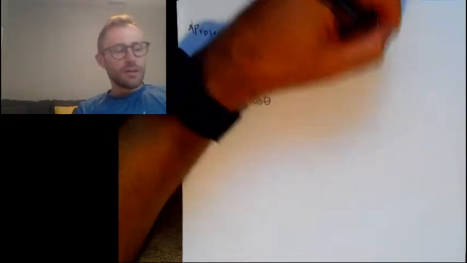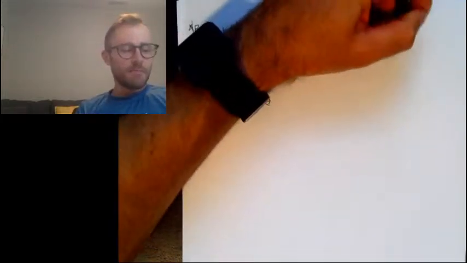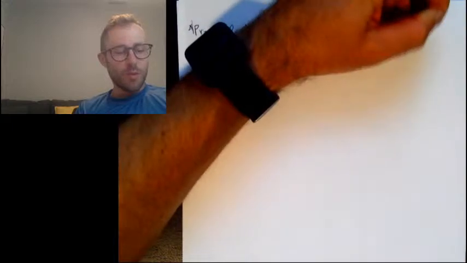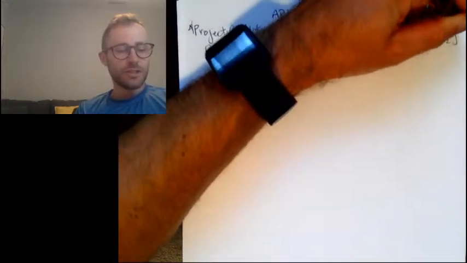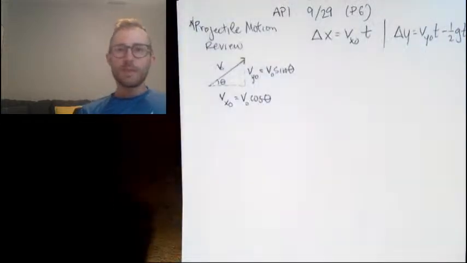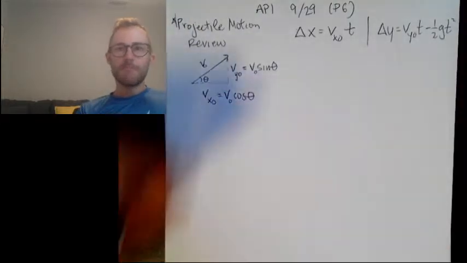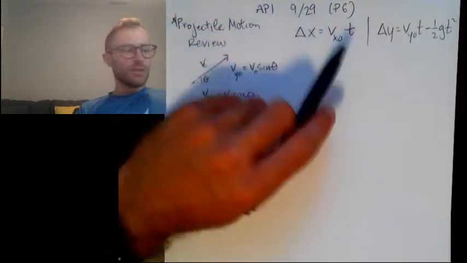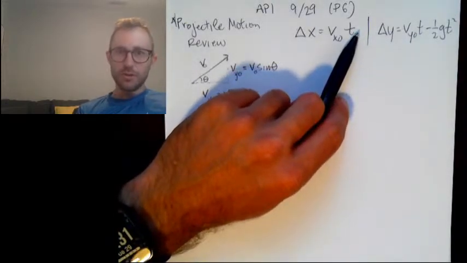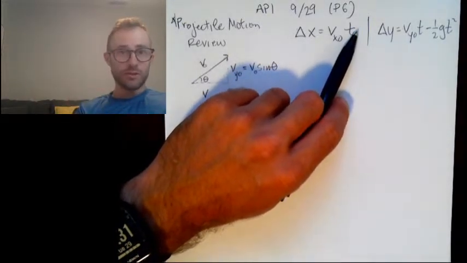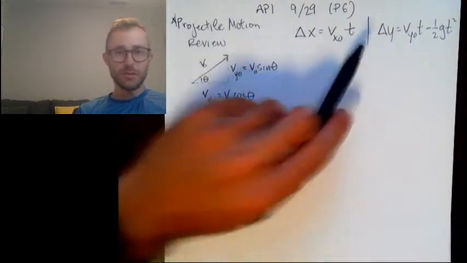And delta y is vy0 times time minus 1/2 g t squared. Okay. So notice how there's no t squared term in delta x because gravity pulls vertically, not horizontally. So we have no acceleration term for the delta x.